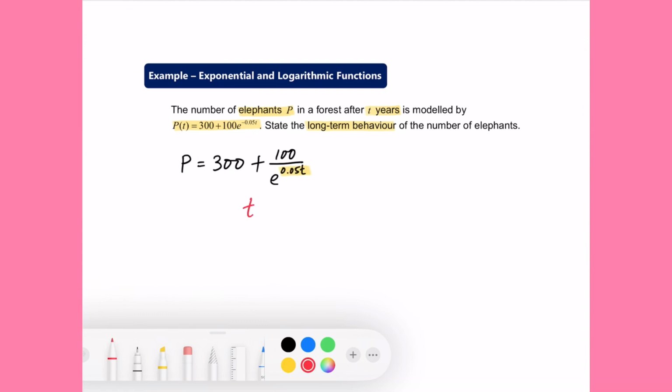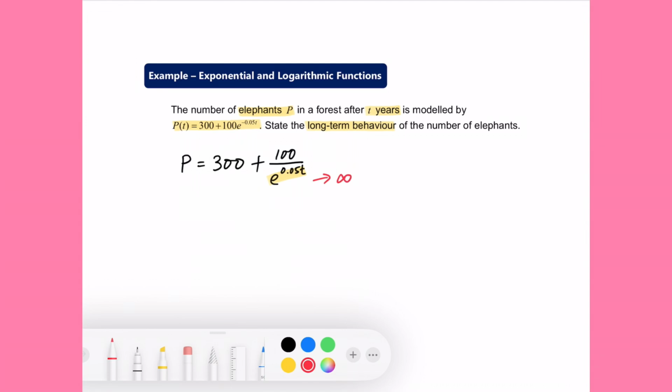We can see that when t becomes larger and larger, which means t tends to positive infinity, then the power 0.05t will be larger and larger as well. And when the power becomes larger and larger, e to this particular power will be larger and larger as well.